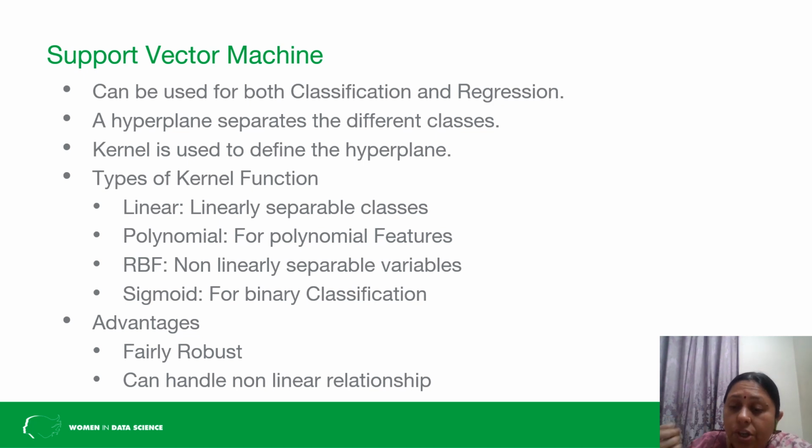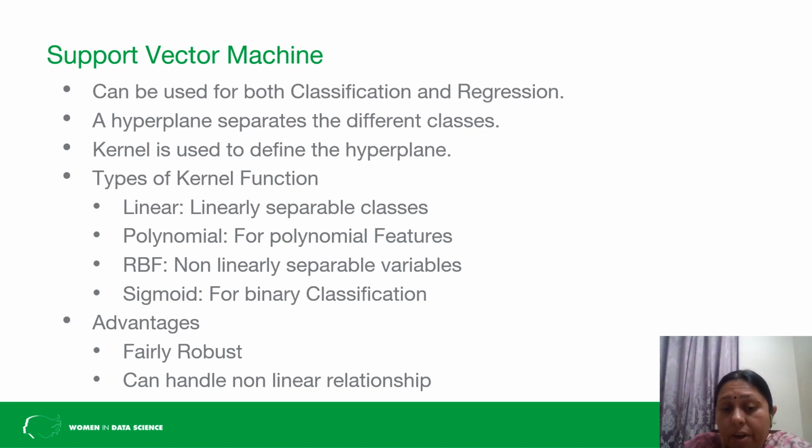A kernel function is used to define this hyperplane. There are four types of the kernel functions that are being defined: linear, polynomial, radial basis function, also called as RBF, and sigmoid.